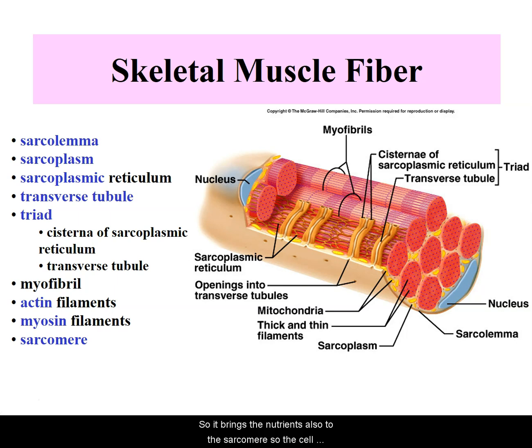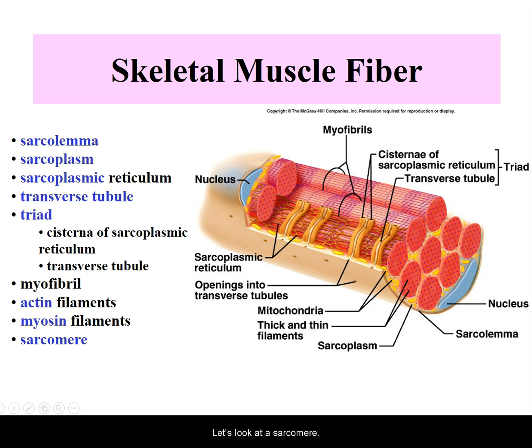Okay, so it brings in nutrients also to the sarcomere so the cell can be active, and it propagates muscle impulses to every sarcomere, so it plays an important role in contraction, from sarcomeres from one Z line or Z disc to the next Z line.